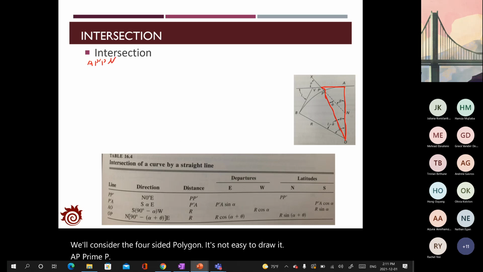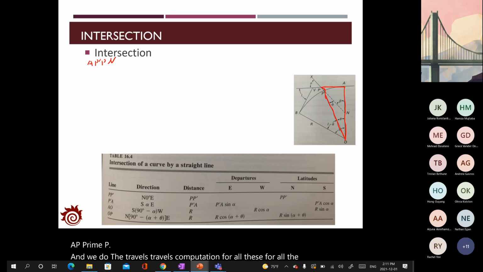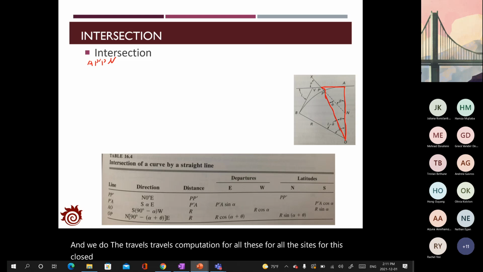We do the traverse computation for all the sides of this closed loop traverse.